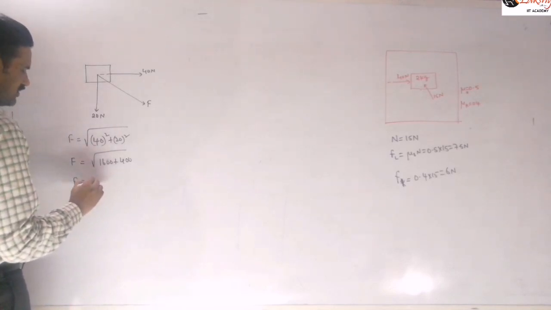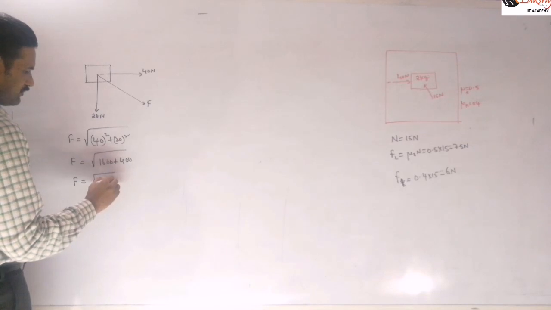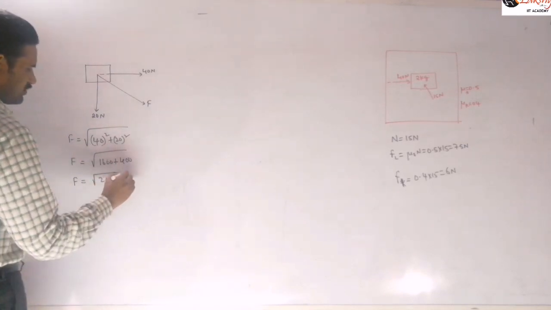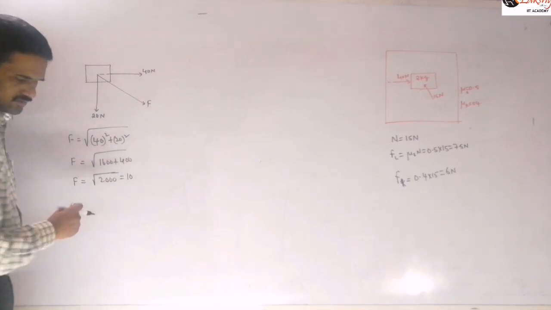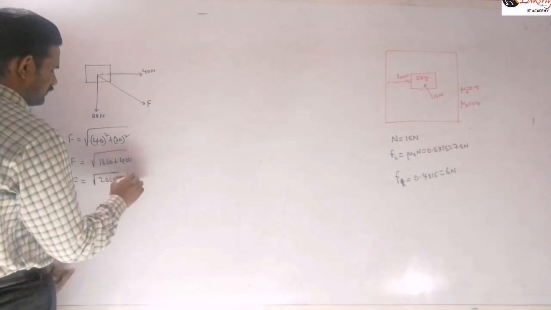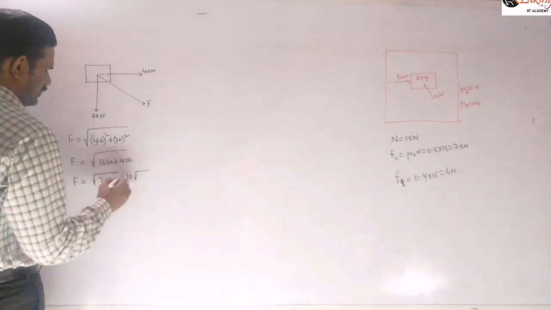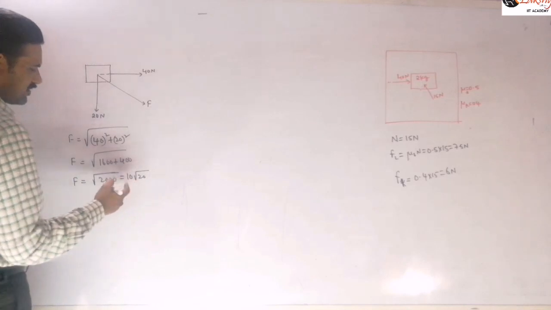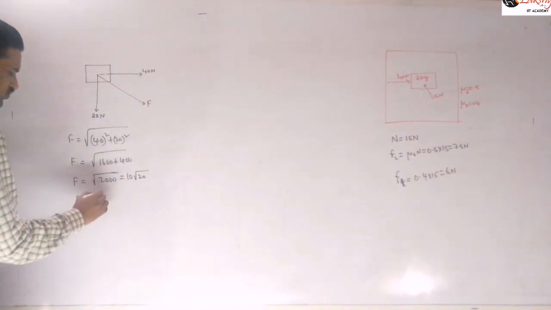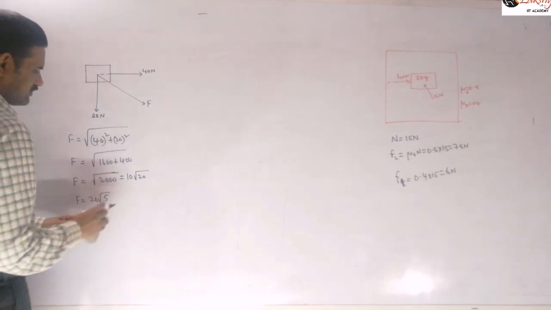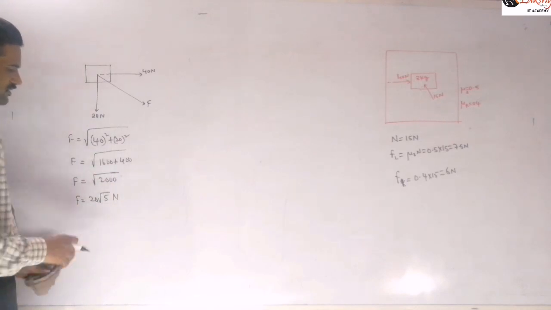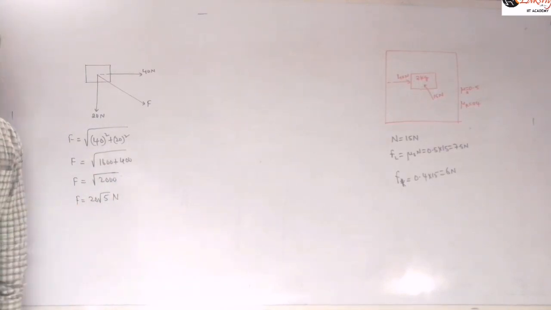So 2000 means you can write this value as 10 root 20, and further you can simplify that. If you take out 4, then it is 20 root 5, right? So you can write this expression as 20 root 5 newtons. So that will be the net accelerating force here.